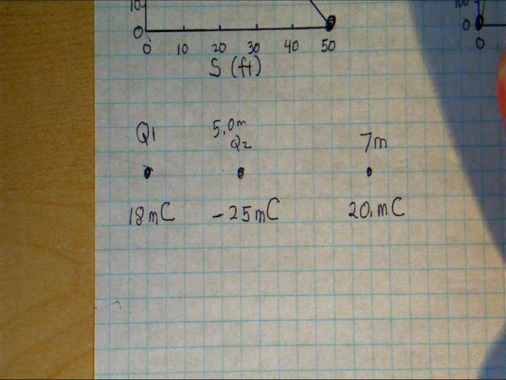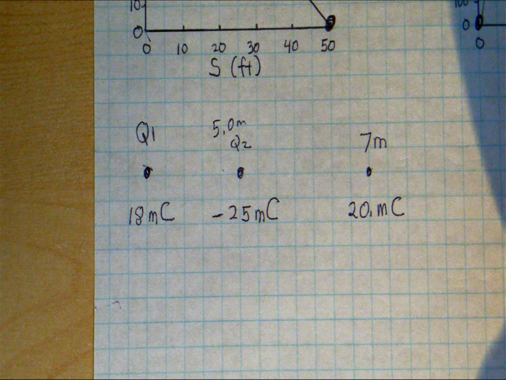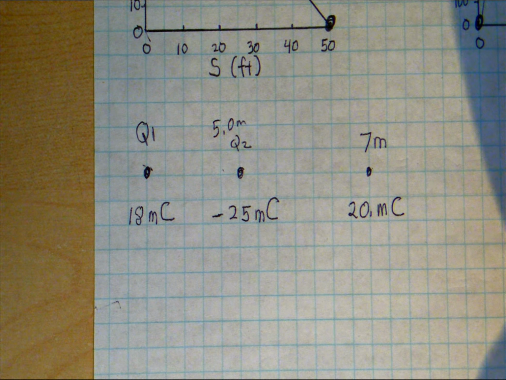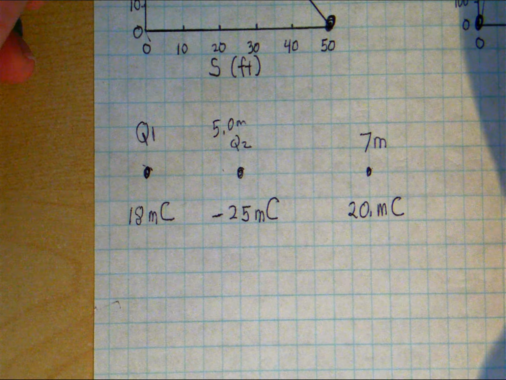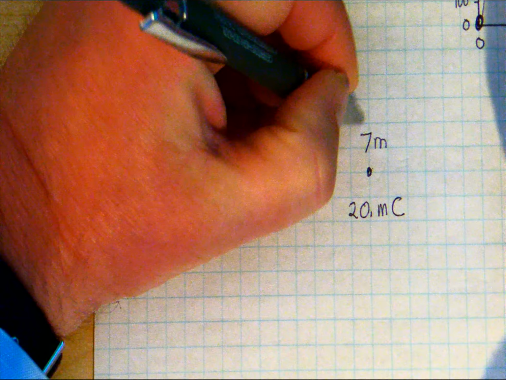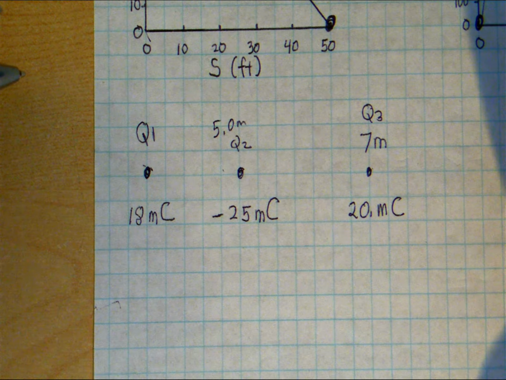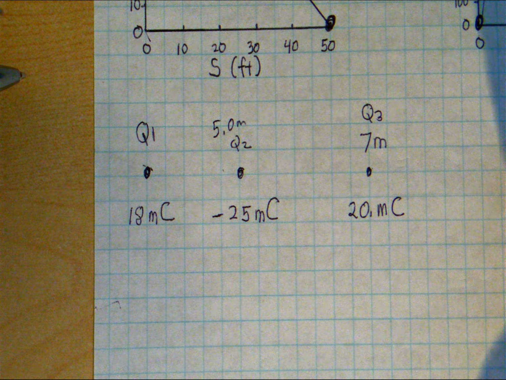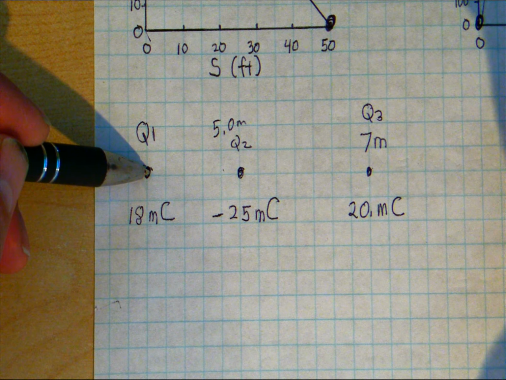So I have to ask myself, which charge should I solve for? And in the problem, someone's going to have to say, oh, either Q1 or Q2 or Q3. Pick one. I'm going to just say Q1 in this example that we're doing.